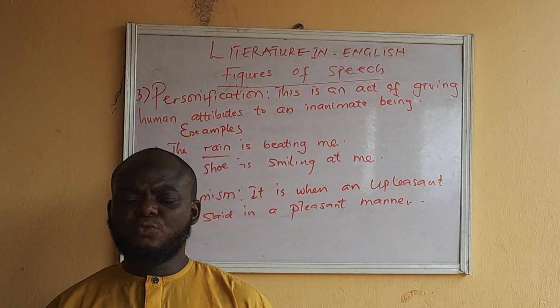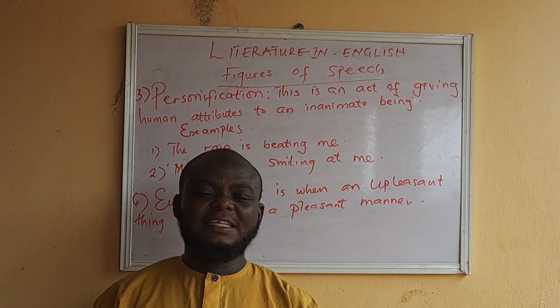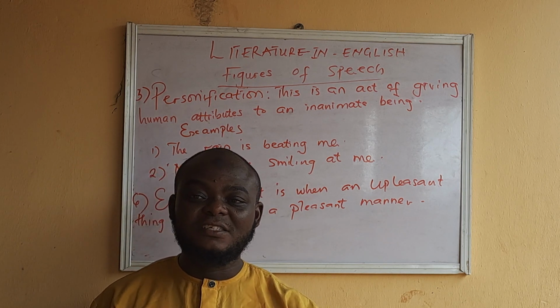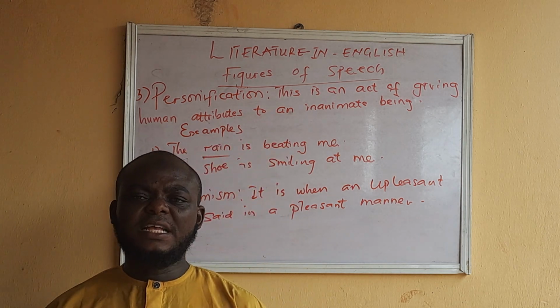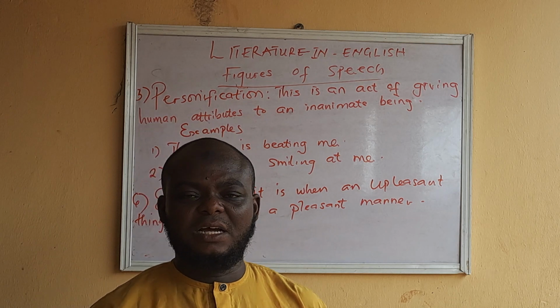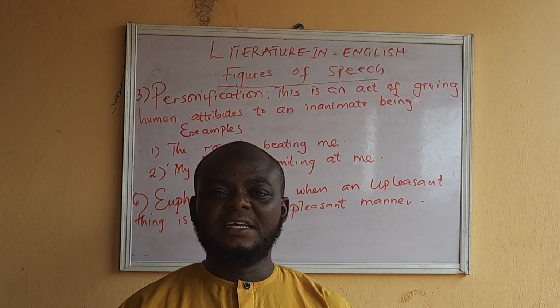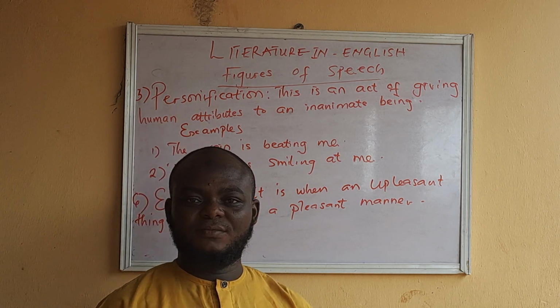Everybody knows that the king is dead. But because we don't want to present it in an unpleasant manner, it is an unpleasant thing when we're having our king die, but we don't want to say it in that way. We don't want to present it in an unpleasant manner. Then we say the king has gone to the land of unknown.